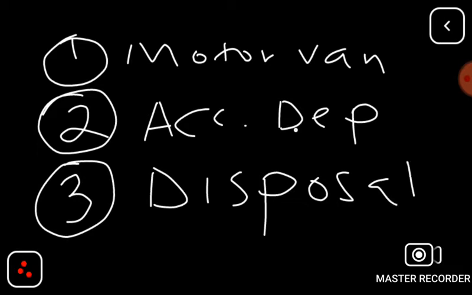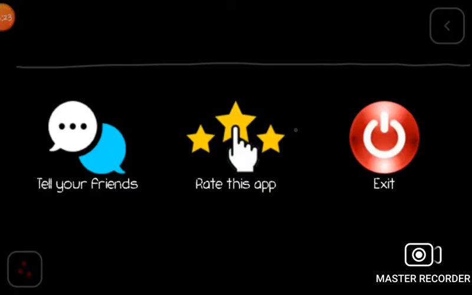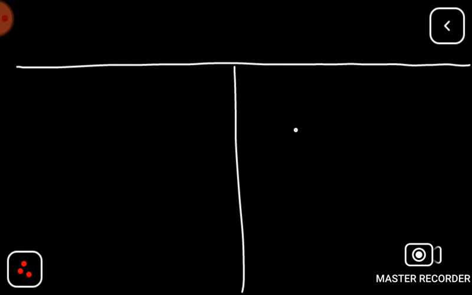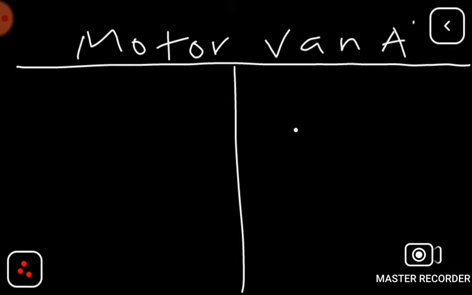So what we're going to do, we're going to start with the motor van account, and it's a very simple account. Since we've been using T formats, I also use T formats. So this is a motor van account.